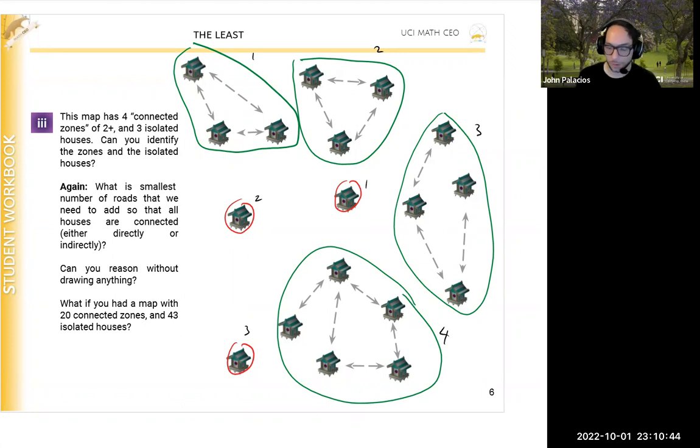A useful observation that you might want to lead your students into making is that if I wanted to connect neighborhood 1 to neighborhood 2, well, I could draw a road between those two houses at one of the lowest points in either of those two neighborhoods, or I could connect these two houses here or these two houses here.